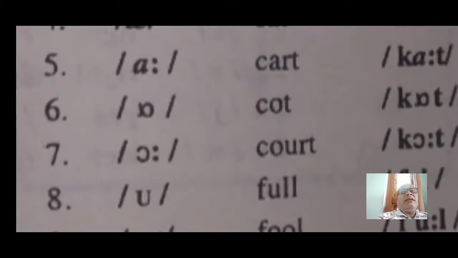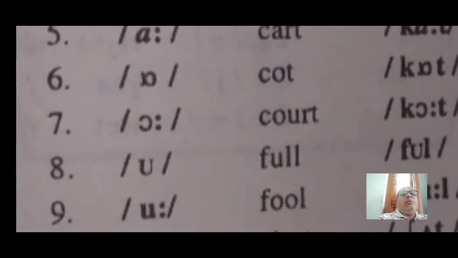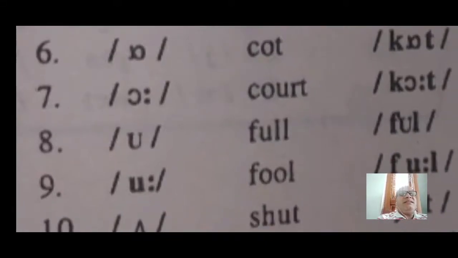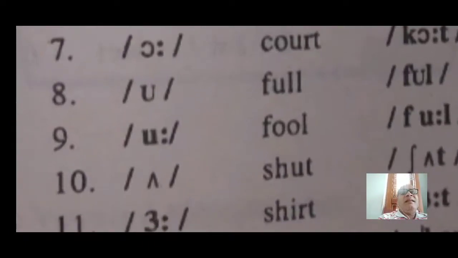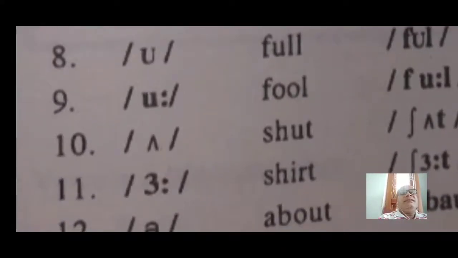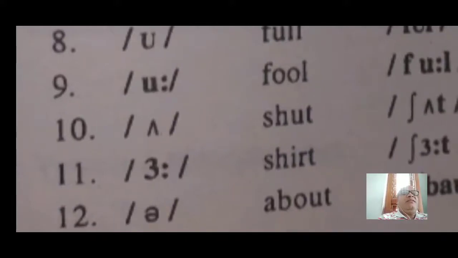But anyhow, the next one is O, as a back vowel, as you can hear. This is the next O, coat, and we have in our Telugu alphabet U, first U, full. The next one is fool, that's the second U, and this is the short one, which most of the time we can hear in shutter, cutter.